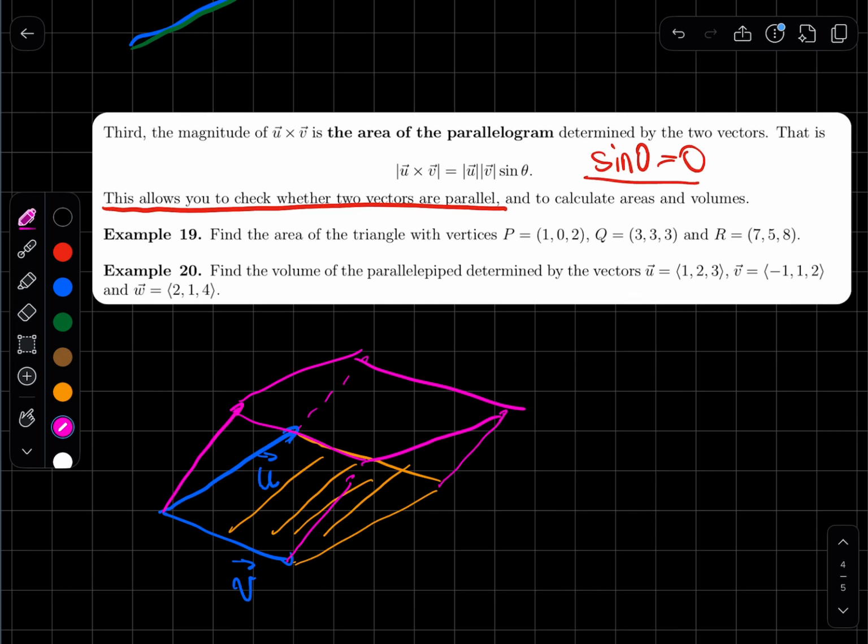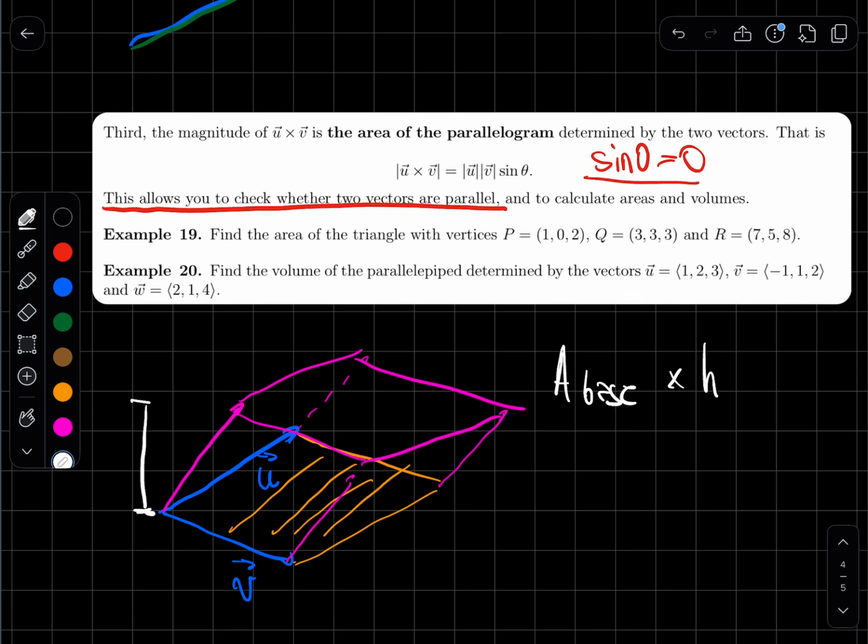To calculate the volume of something like this from basic geometry, all you need to do is multiply the area of the base times the height. But the height is not supposed to be crooked at this angle. It's supposed to be straight up.